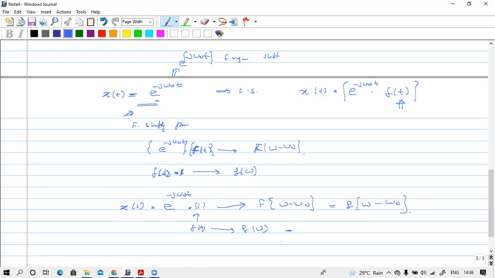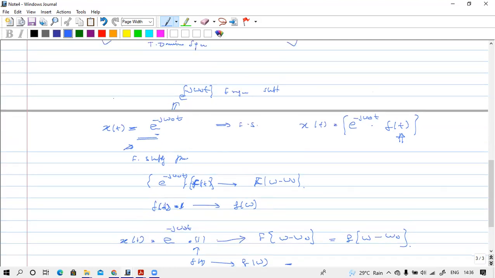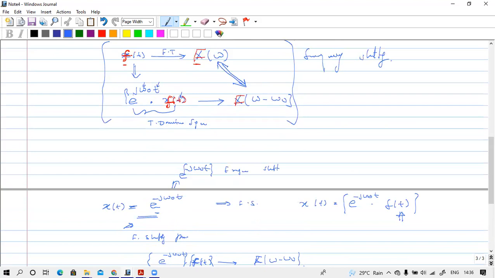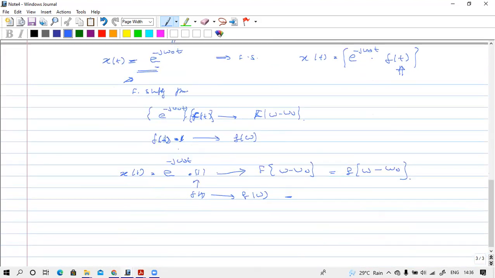Did you understand this? Sorry, in the frequency shifting property, here it is minus, but here you have a plus value. So you should do this plus, and this omega naught you can get as minus, so here you have minus omega naught.